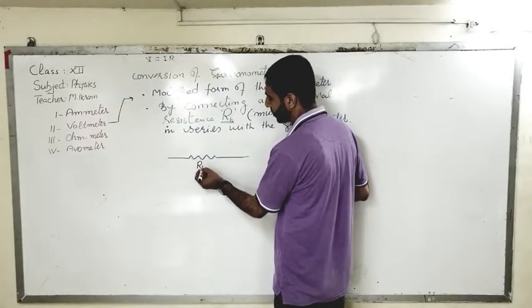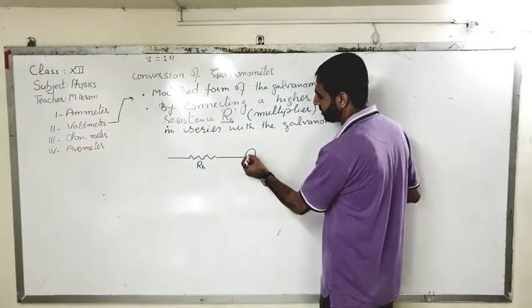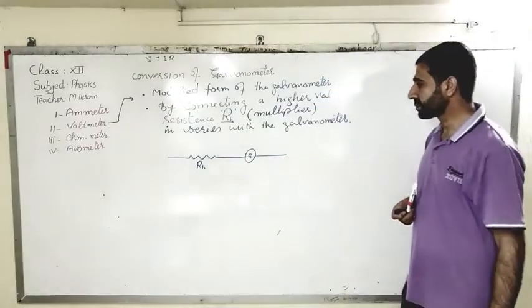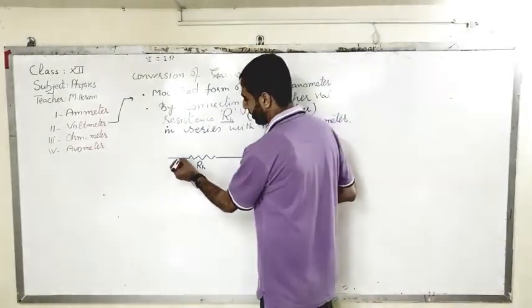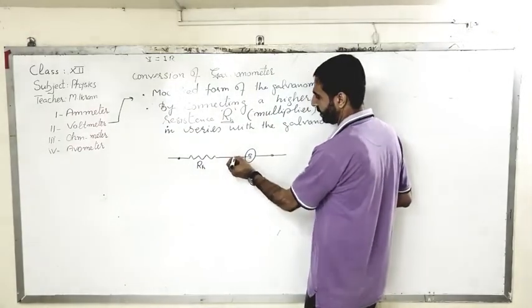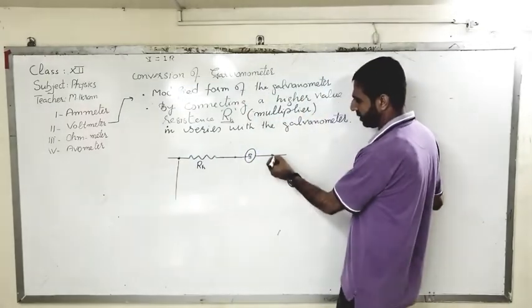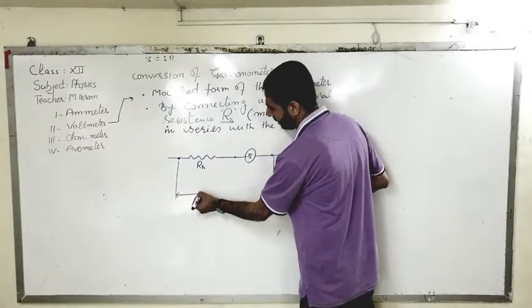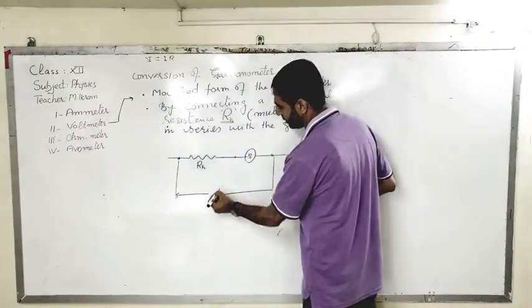Oh, sorry, the multiplier, in series with the galvanometer, as you see. And this will be the provided potential difference V.